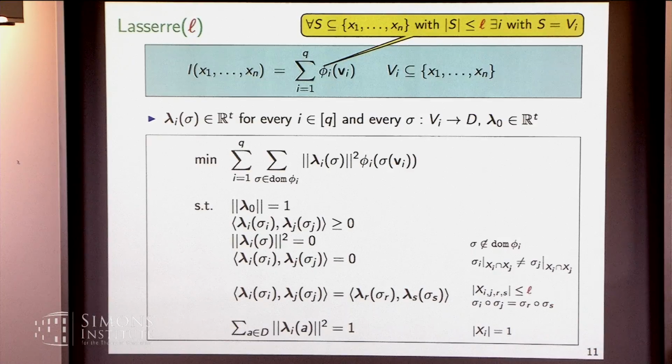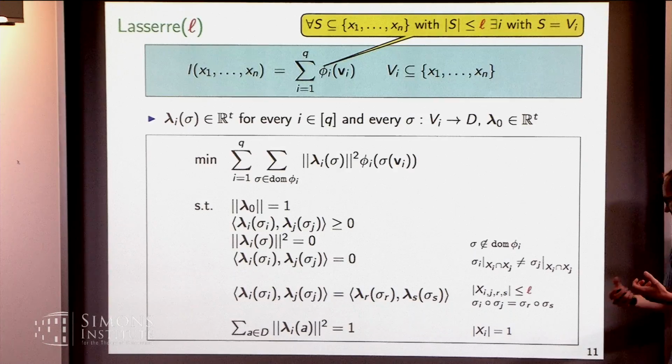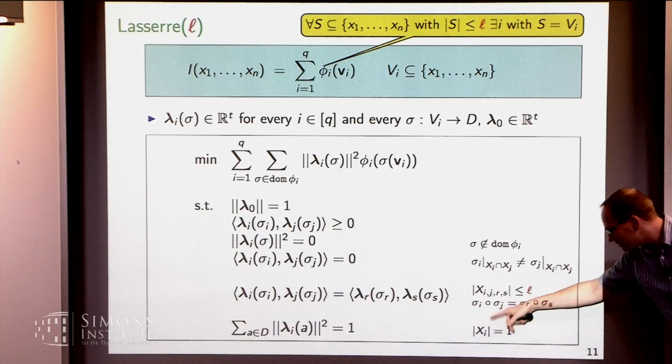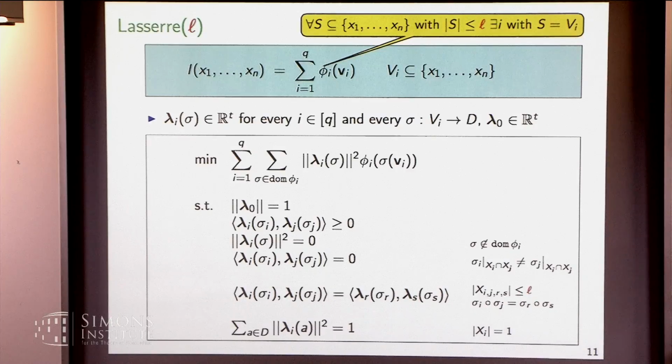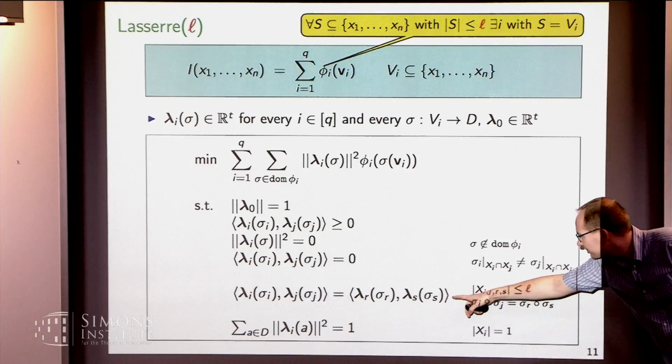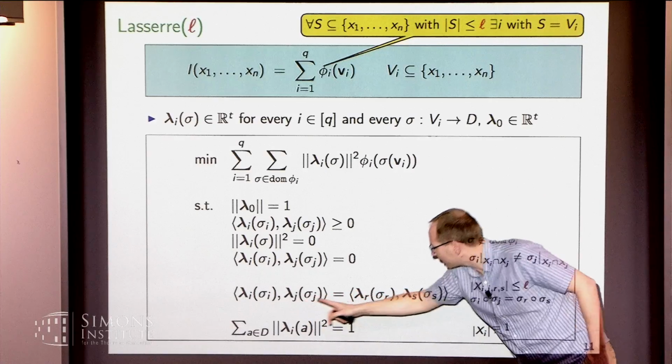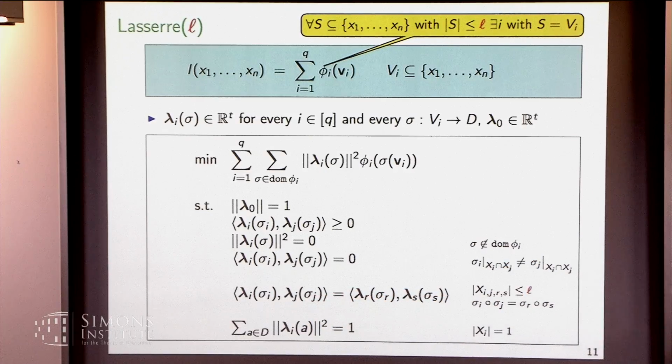So this says that if you take four scopes, i, j, r, s, and if the union of the variables in the ith and jth scope is the same as the union of the variables in the rth and sth scope, and if you take assignments to these scopes which are consistent, meaning the variables they have in common get assigned the same values, then the inner product on the left-hand side should be equal to the inner product on the right-hand side.